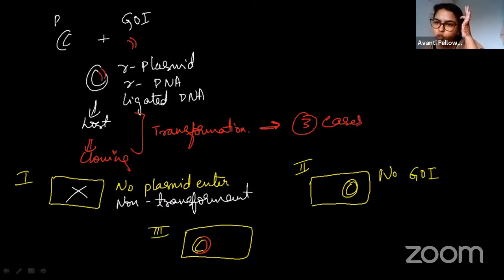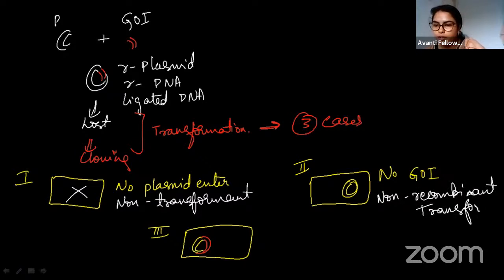See, transformation has happened, and there is a plasmid present in it, but in that plasmid there is no gene of interest. That is why no recombination has occurred. It is not recombinant DNA. So this is the second type, the non-recombinant transformant.